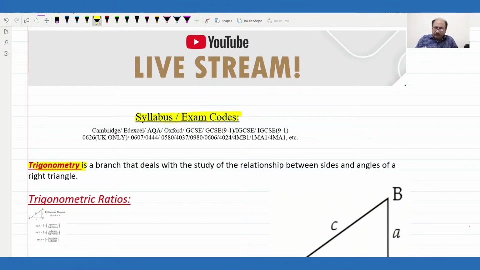There are a lot of syllabuses and exams, for example it is included in Cambridge, Edexcel, AQA, Oxford, GCSE, GCSE 9-1, IGCSE 9-1 also, and all these exam boards including 0626, 0607, 0444, 0580, 4037, 0980, 0606, 4024, 4MB1, 1MA1, 4MA1, and other major exams.